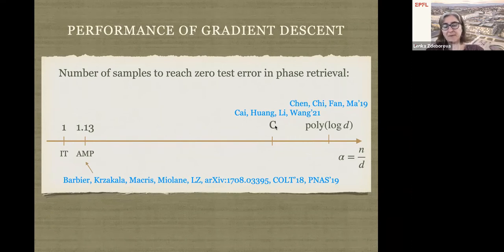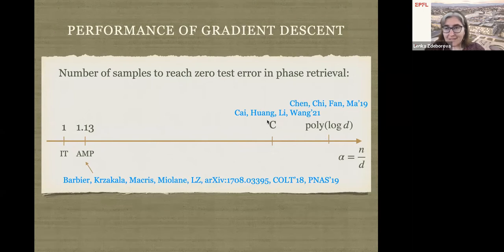There is another paper that slightly changes the loss function and gets rid of these polynomial of log d factors. That's nice, but the constant there stays unspecified, so it can be very big. Nevertheless, there is a constant sample complexity under which gradient descent can learn this.